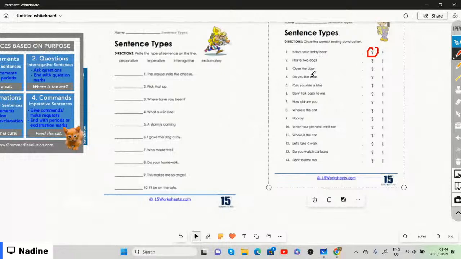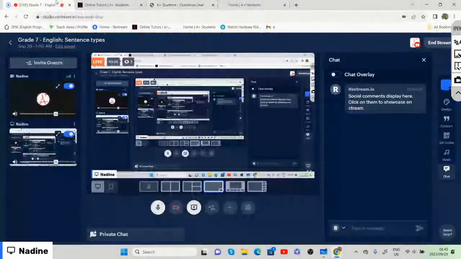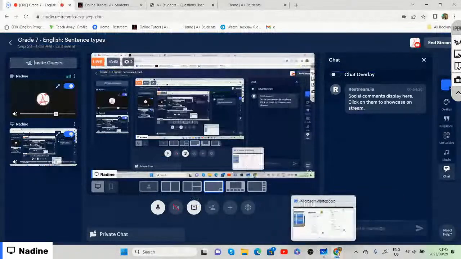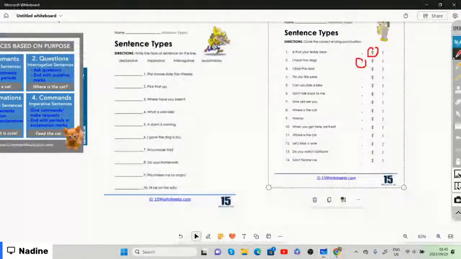I have two dogs. And that is a full stop, because that is just a statement that is being made. Next, close the door.